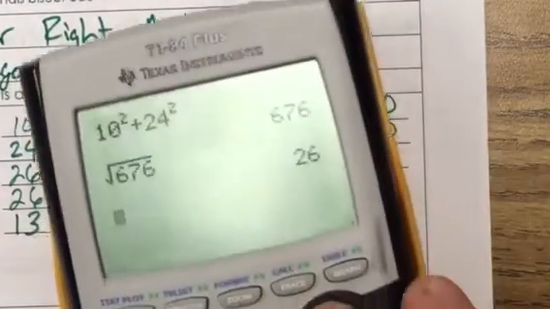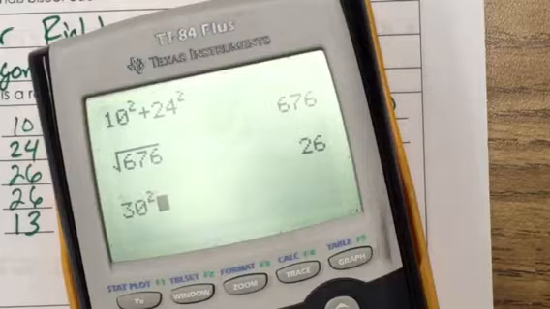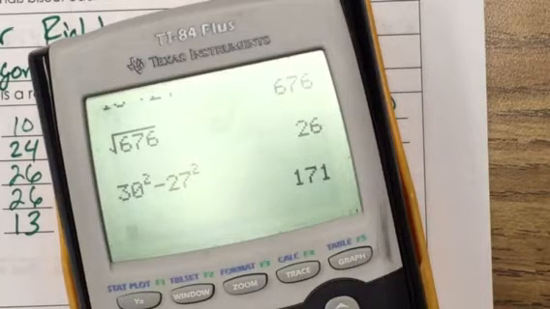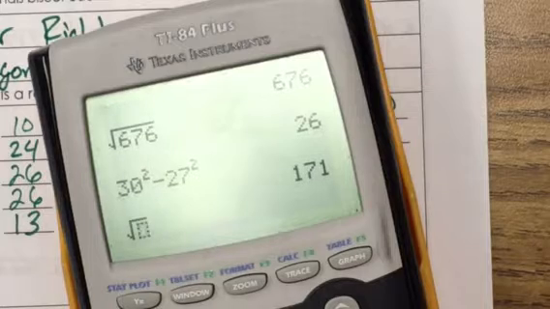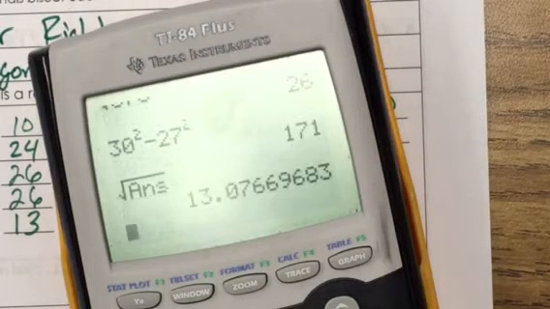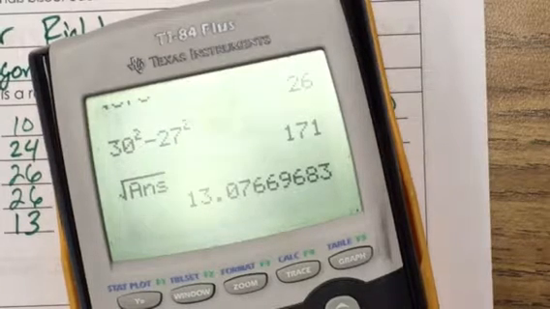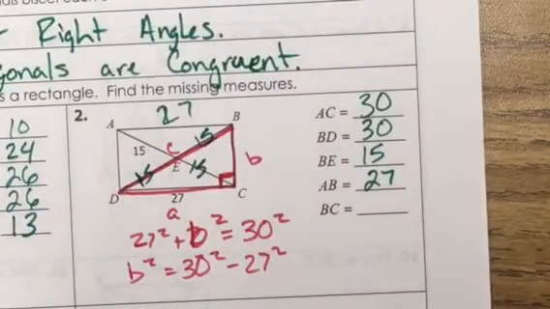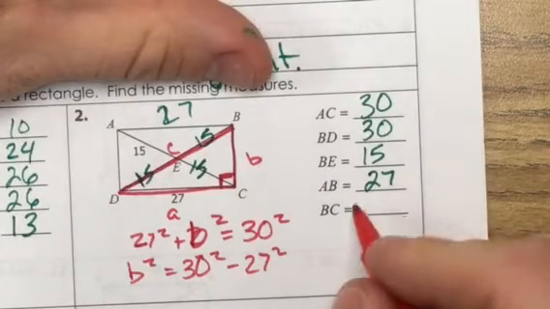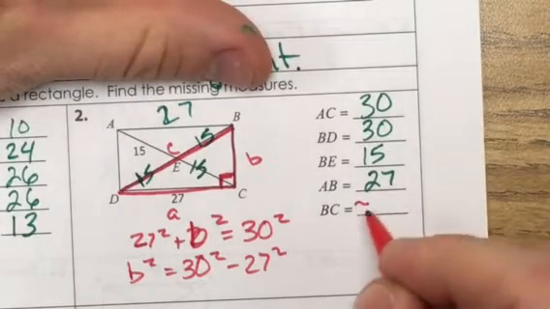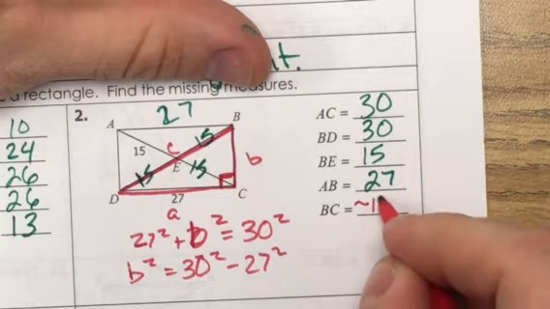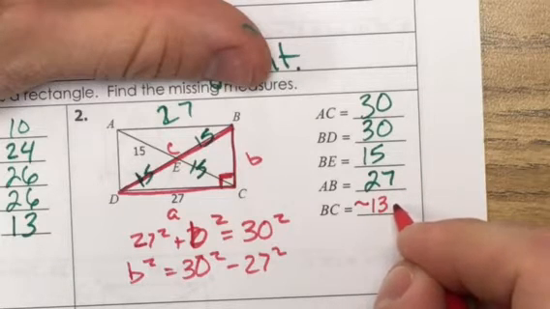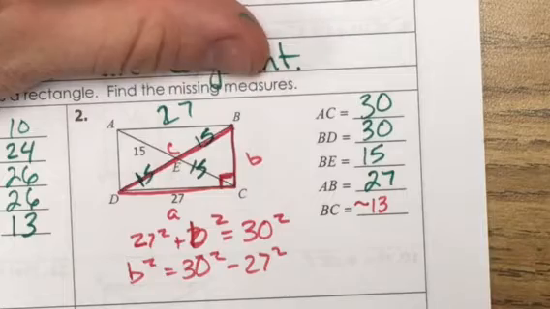Go ahead and type that in my calculator. 30 squared minus 27 squared gives me 171, and I need to take the square root of 171 to find this other side. Gives me a decimal. Okay? So we can say right now that BC is approximately 13 units.